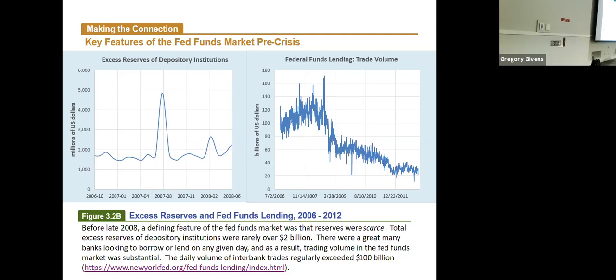Prior to the crisis, the Fed's main tool for policy was open market operations. That's how it adjusted the federal funds rate. After the crisis, open market operations are no longer very important, if at all. And the chief policy instrument that the Fed uses now is the interest rate on reserve balances.